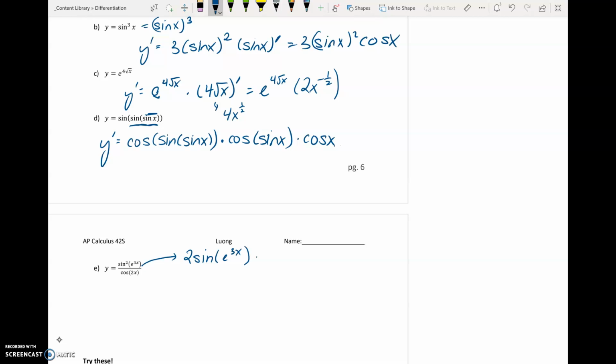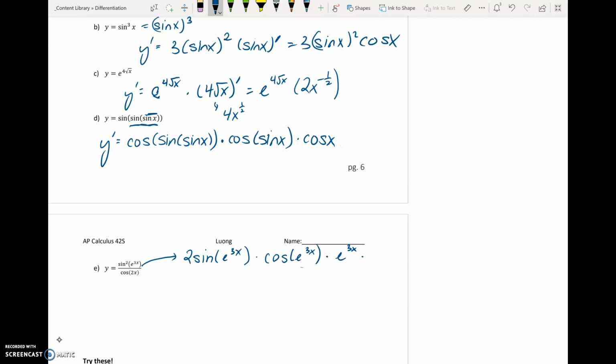Now we focus on the sine part. The derivative of sine e to the 3x. We're just going to focus on the sine. The derivative of sine is cos, and I'm going to leave the e to the 3x alone. Now we need to take the derivative of e to the 3x. E to the 3x, because we're taking the derivative of e, the function e is going to remain the same.